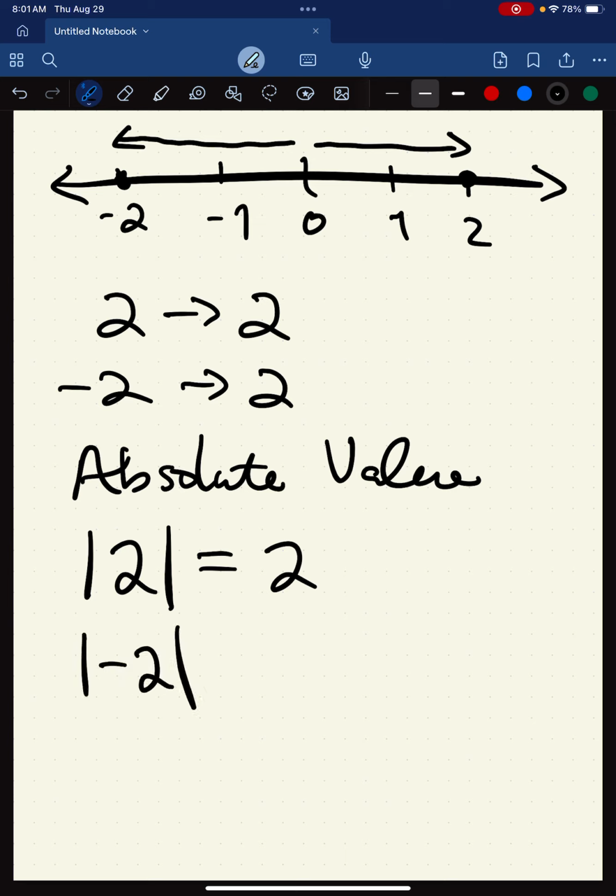But we also said that -2 is the same distance as 2 away from 0, namely it's 2 from 0. The regular 2 is 2 units to the right, this is 2 units to the left, but both of them are 2 units away from 0, so they have the same absolute value. So in general, and you're not expected to memorize this particular notation, I just want you to see it.